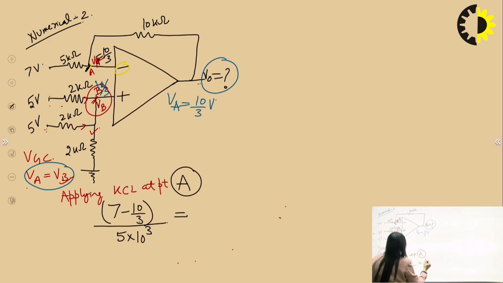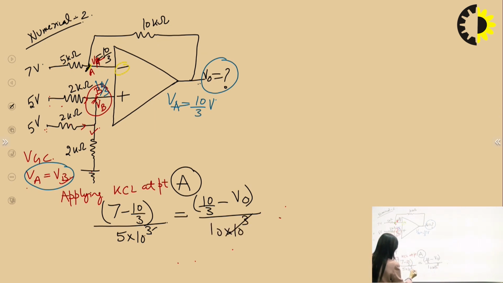That is, VA is 10 by 3 minus VO upon 10 into 10 raised to the power 3. Now here, this will also cut by 2.